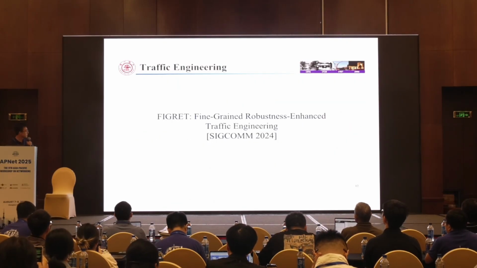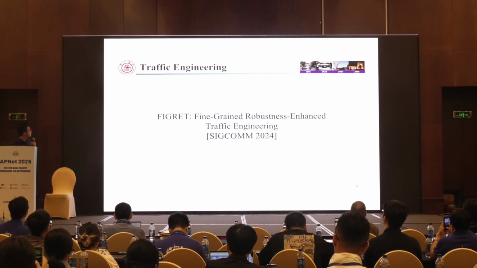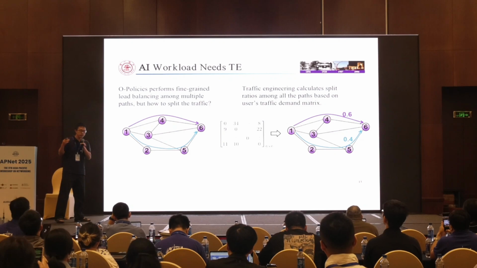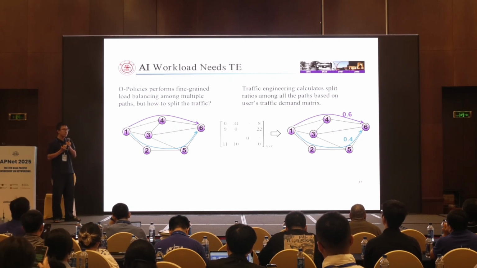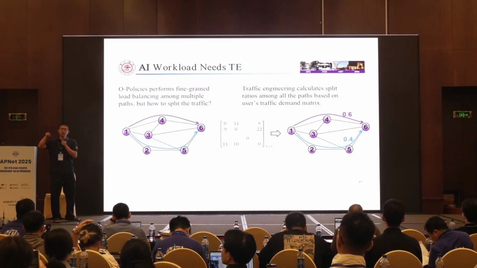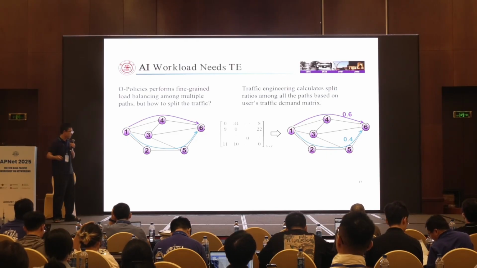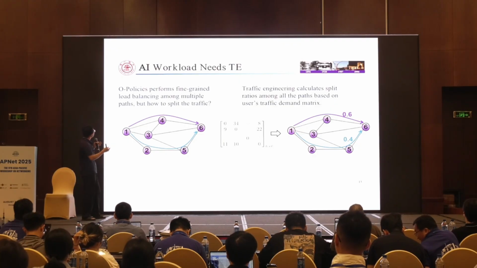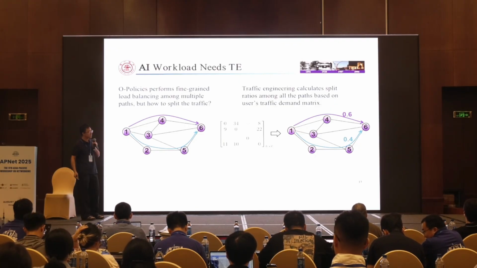So next, I want to talk about the routing. Based on our previous discussion, we still want the LO policies because LO offers you the best performance. So LO policies mean that we need to perform fine-grained load balancing among multiple paths.